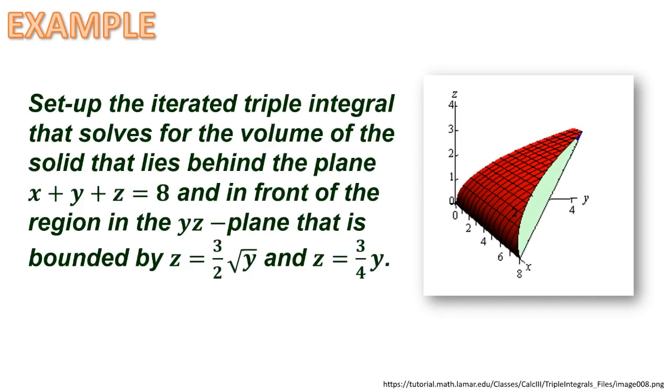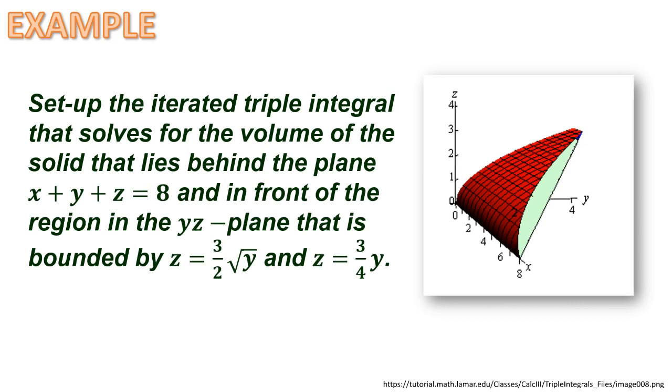Yan. Ikaw naman ulit. For this example, you have to set up the iterated triple integral that will solve for the volume of the solid that lies behind the plane x plus y plus z equals 8, and in front of the region in the yz plane that is bounded by z equals 3/2 square root of y and z equals 3/4 y.